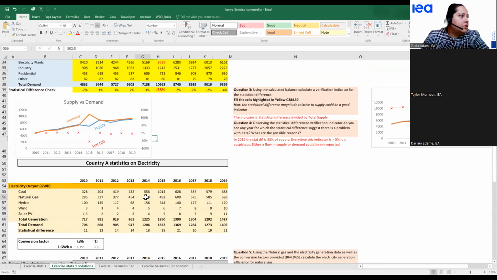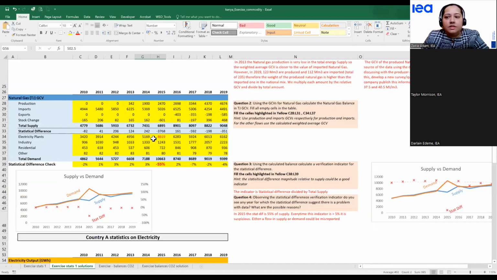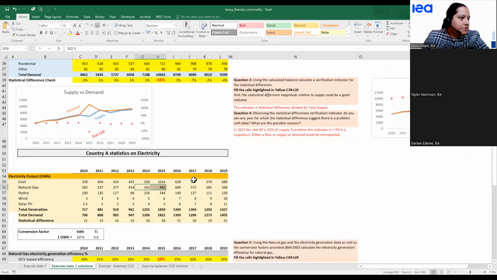Whereas your electricity output, you see a decline in 2015, but you see an increase in input. So you're putting more gas in your power plant, but you're having less output, which is suspicious.